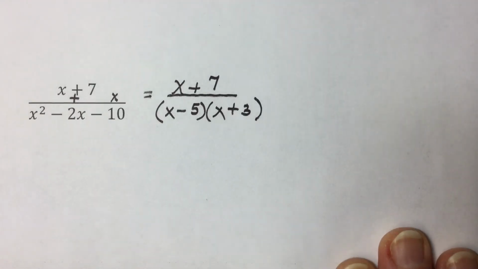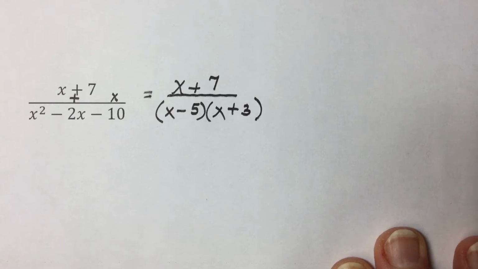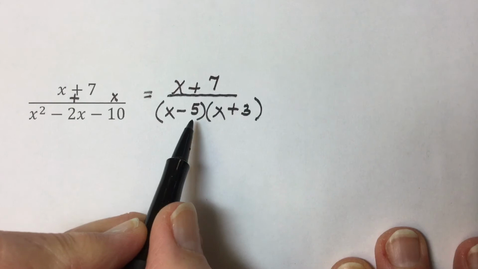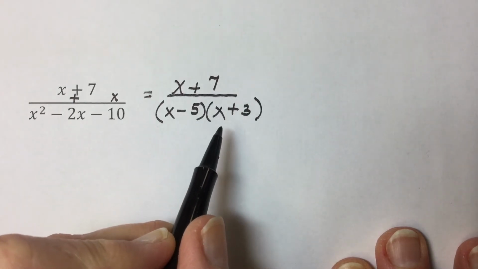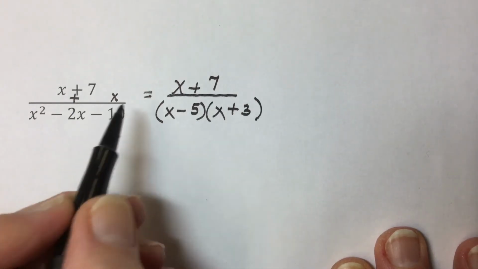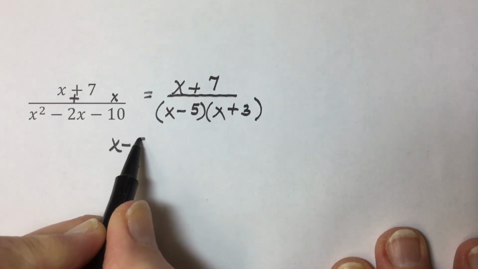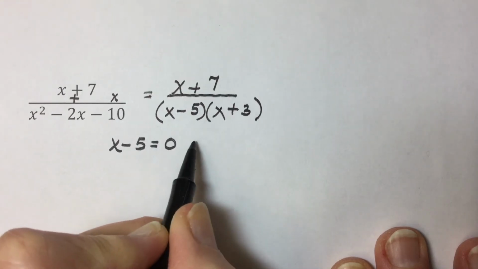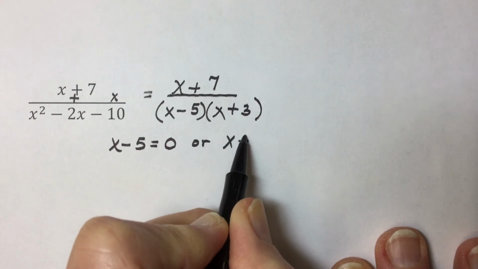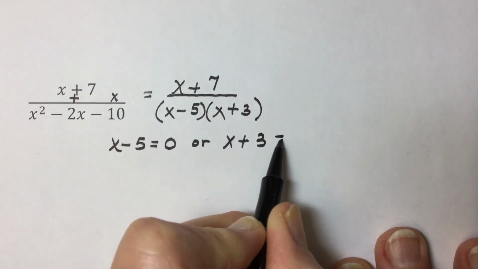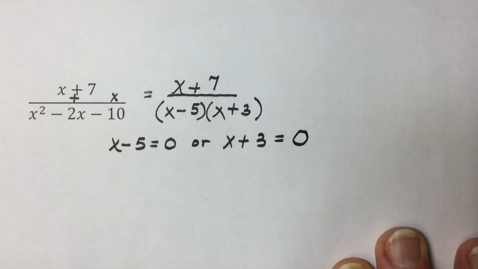+3. Then, to find the values for which this is undefined, we will set each one of these factors equal to 0 to find the value, or values in this case, that need to be restricted.